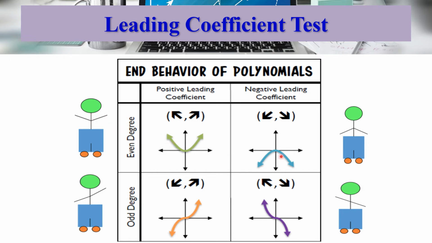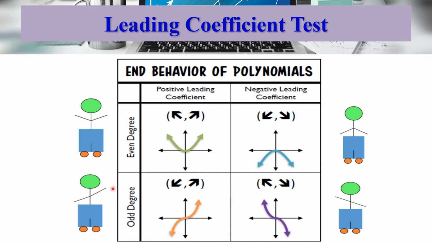Pag even number naman at negative ang leading coefficient, parehas naman na magfo-fall sa left and right. Parang kagaya nito, yung kamay mo, parehas na nakababa. On the other hand, kapag odd number yung degree ng polynomial function at pag positive ang leading coefficient, sa kaliwa naman magfo-fall at sa right naman magra-rise.